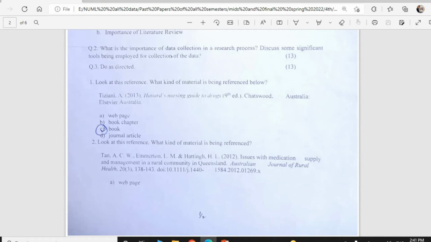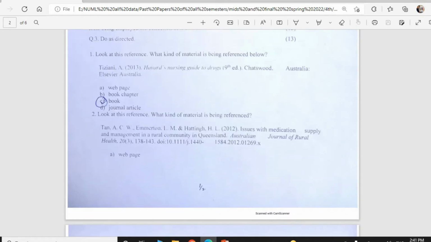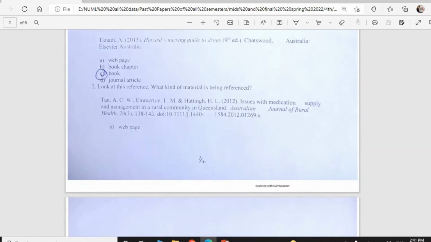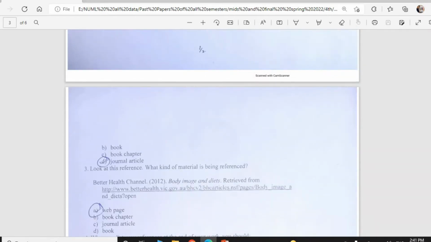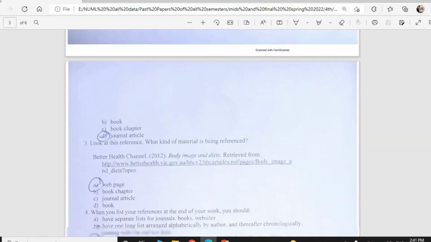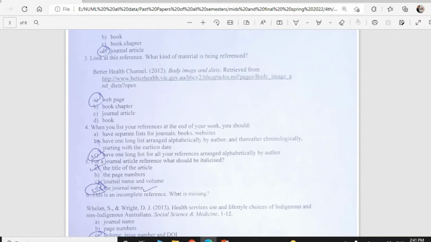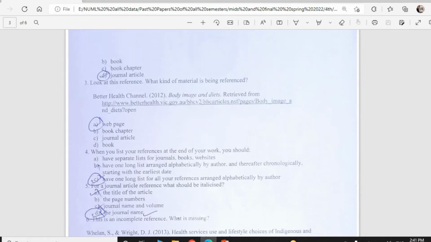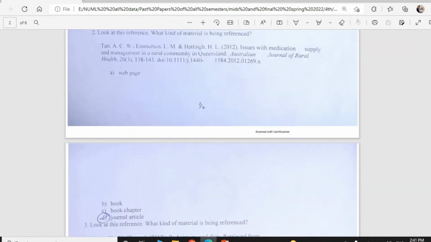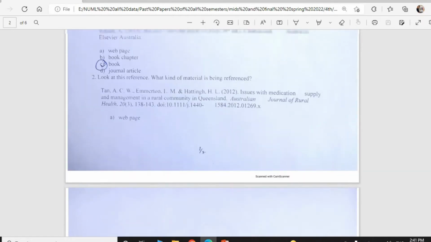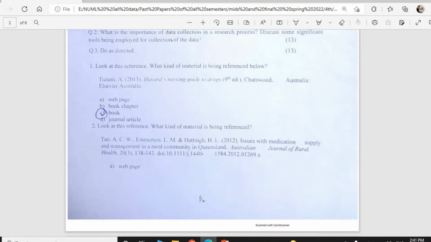And question 2: look at the reference, what kind of material is being referred to? So this is a journal article. Once you know the rules of referencing, how to give a reference from a book, a journal, a newspaper, a website, you can easily identify any given reference material.